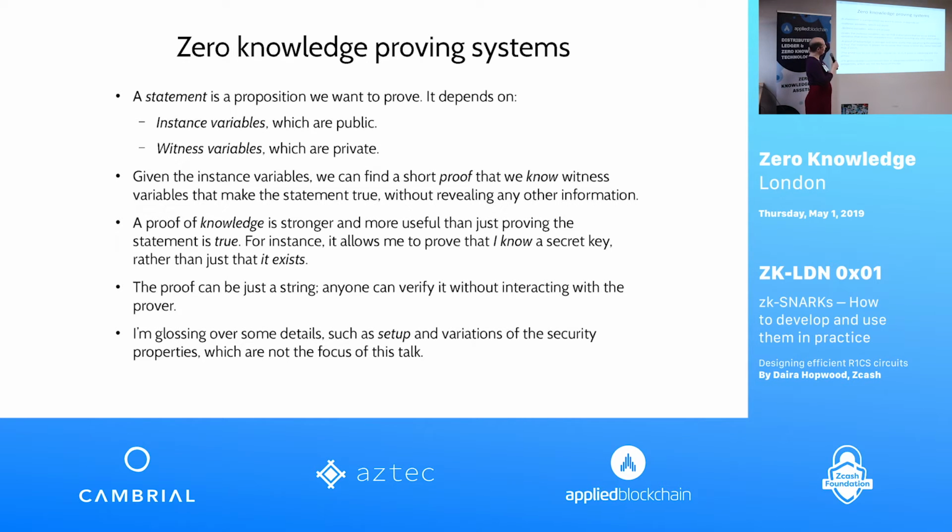And the fact that the proving system is zero knowledge means that all we prove is that we know the witness variables. And we don't give any other information than that, and the statement is true for those witness variables.